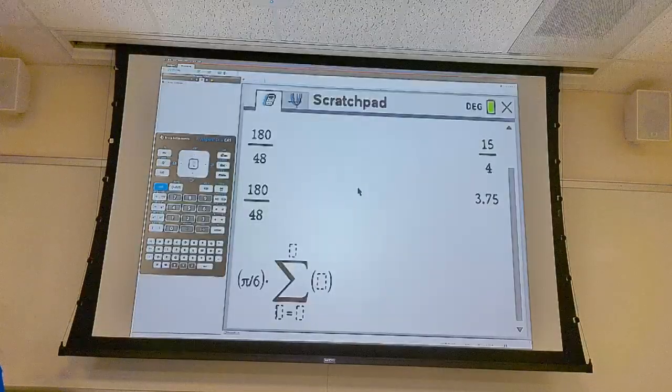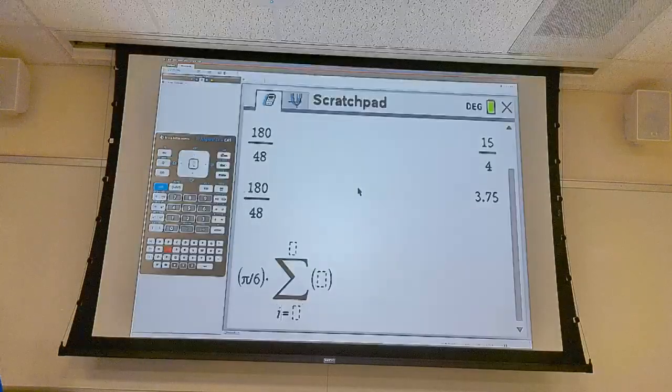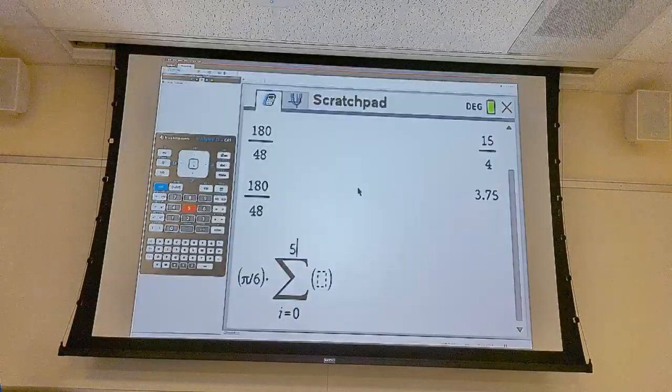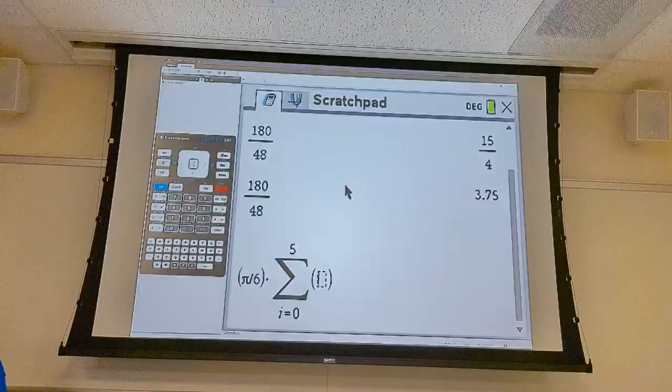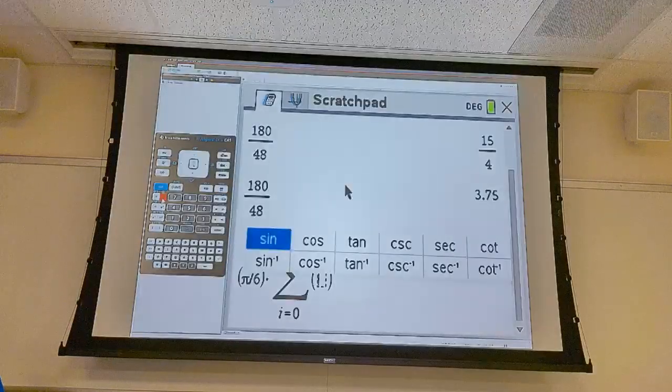Obviously, choose your dummy variable. I, we said it was going to be what, 0 to 5. Sine. So then trig is right there. And then just pick the right one, just sine.